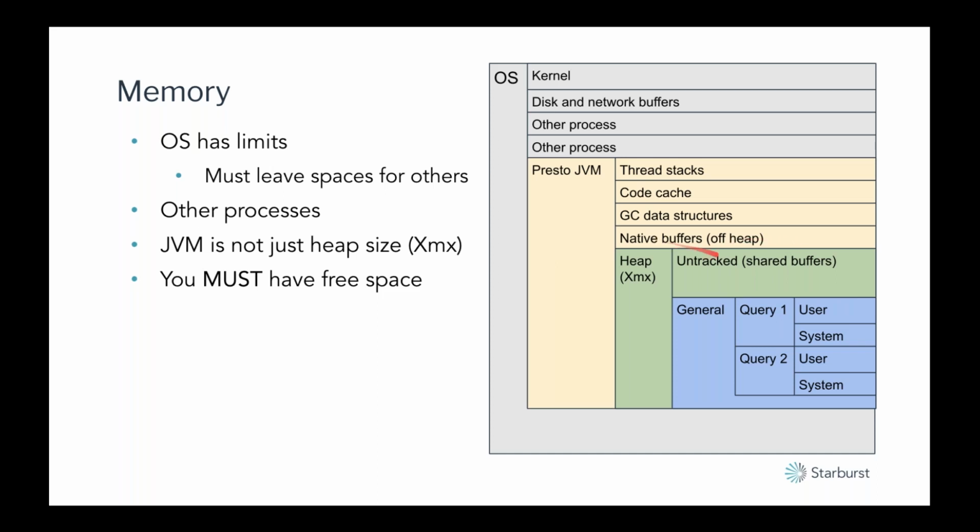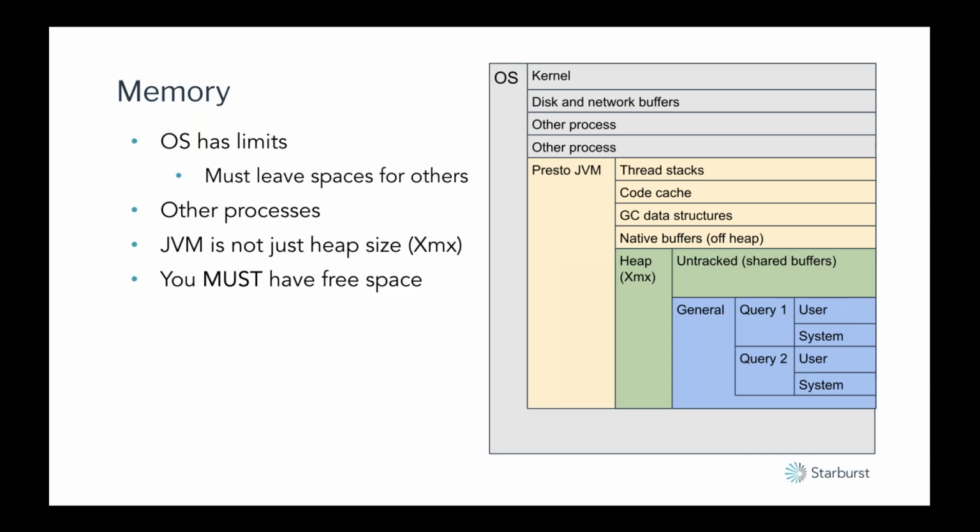So anyways, after that, we actually get to the heap, and that's the part of the memory used by the Presto program itself. And the vast majority of that is allocated to your queries. But there is a significant portion that is not directly attributable to a single query, or it's simply not tracked.